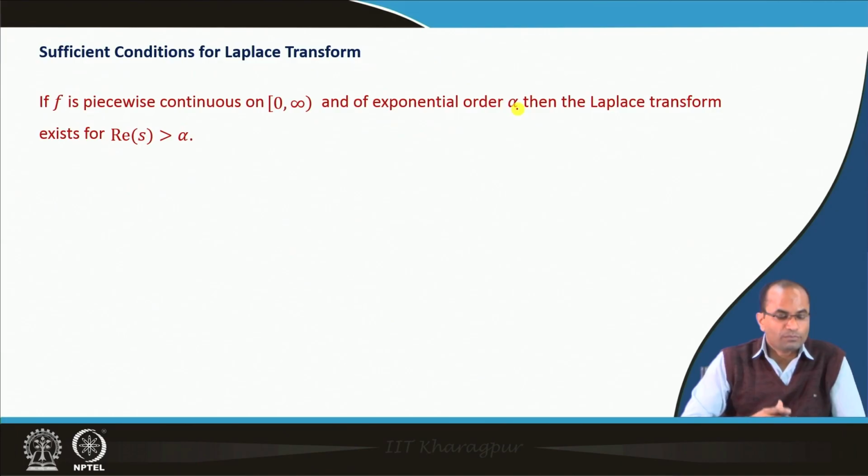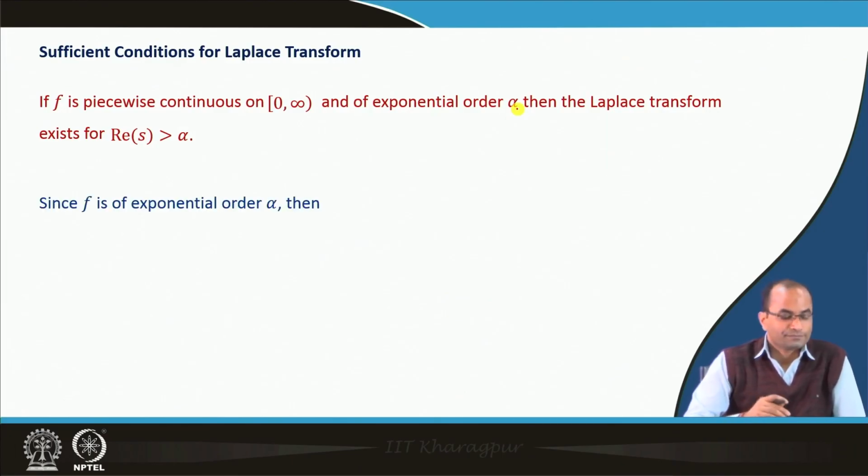So, that is the most important theorem which tells about the sufficient conditions. These are not necessary conditions, and we will be discussing later on what we mean by necessary and sufficient. So, these two conditions are sufficient to find the Laplace transform of a function.